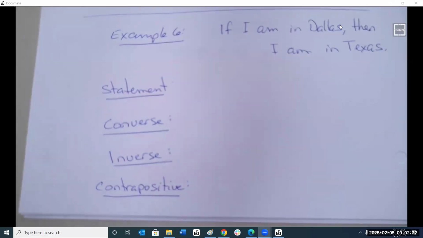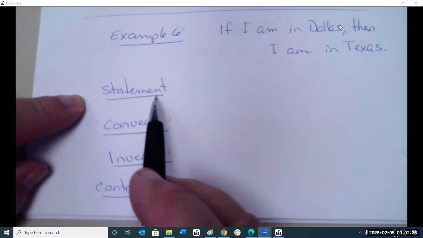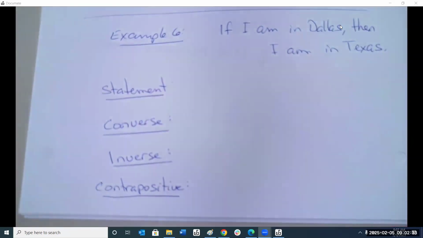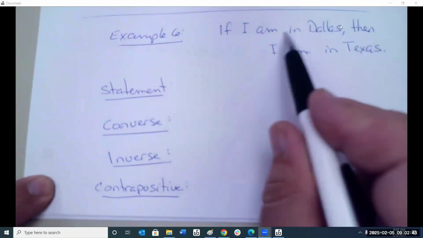So what's the first thing you have to do? What's the statement? What do we have to do? Are we going to keep on writing everything? Because remember, it's an if-then statement.